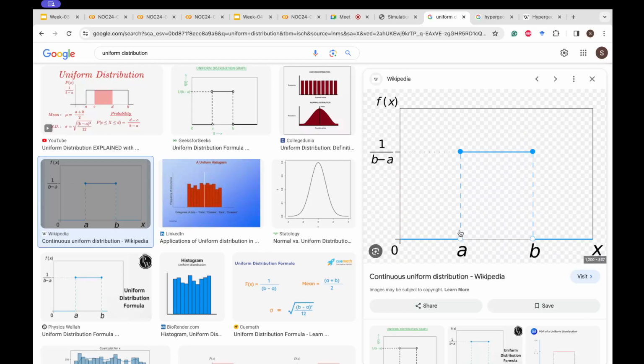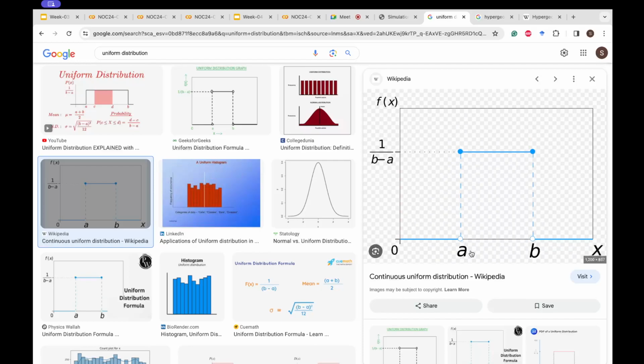So this kind of distribution is called uniform distribution. At every point the value of this particular curve will be 1 upon B minus A. How is it coming 1 upon B minus A? Okay, area of this curve will be 1 by the definition of probability, right?